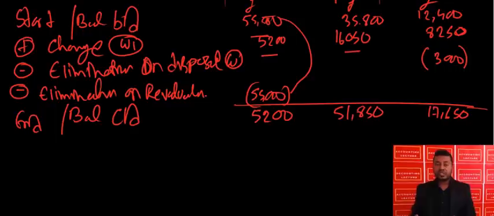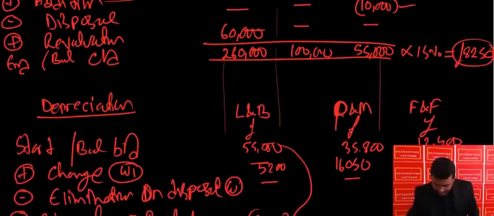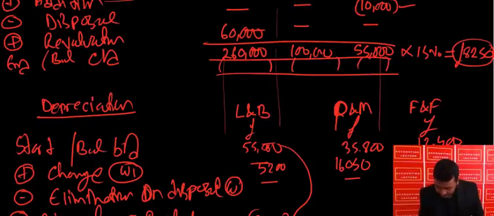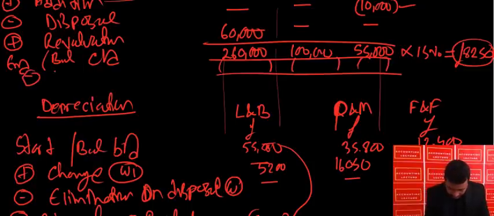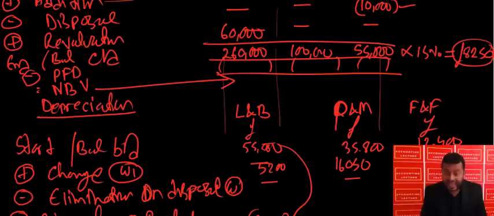That's your provision for depreciation, the closing one. Now, you remember we did our costs over here. Yes, these are the costs. From the cost, you deduct this provision for depreciation. Less provision for depreciation, you'll get net book value, and that's how you do the schedule of non-current assets.